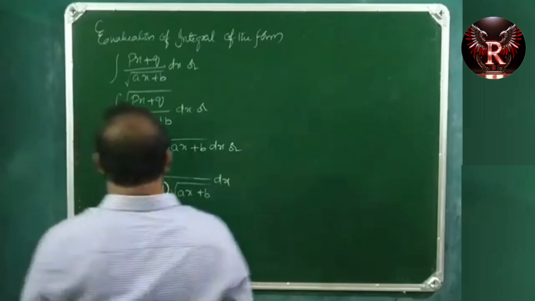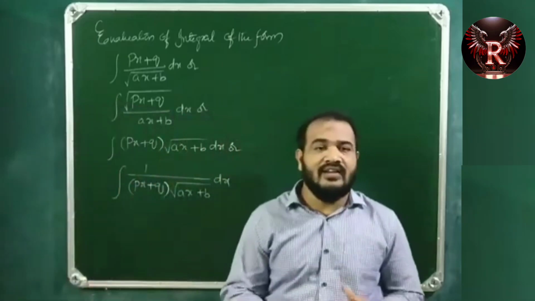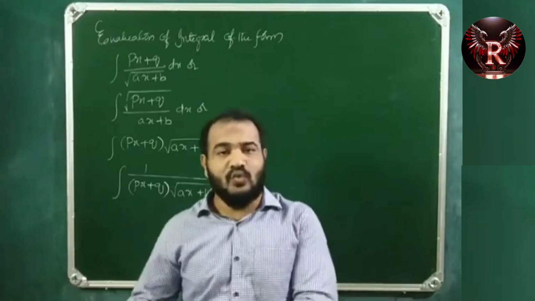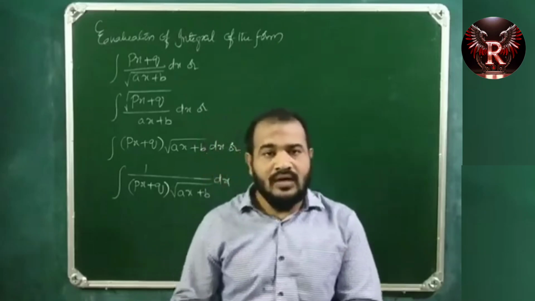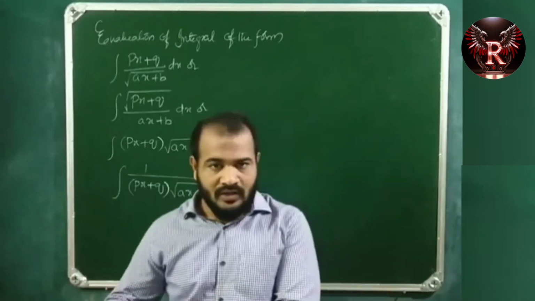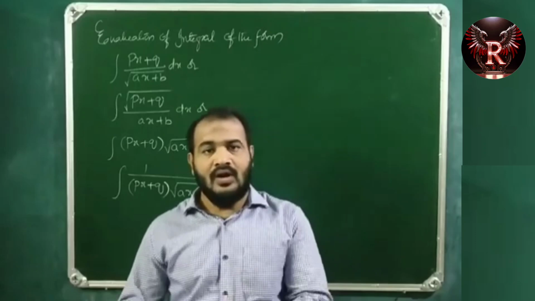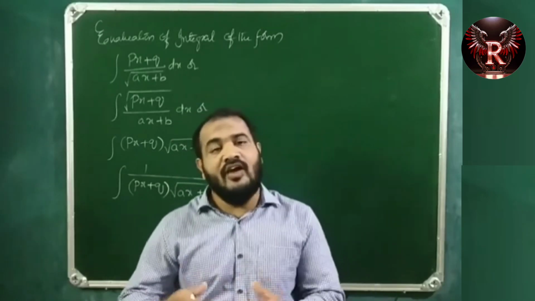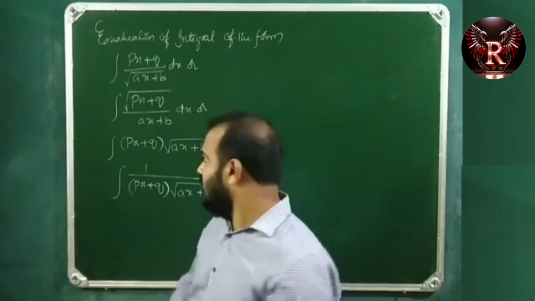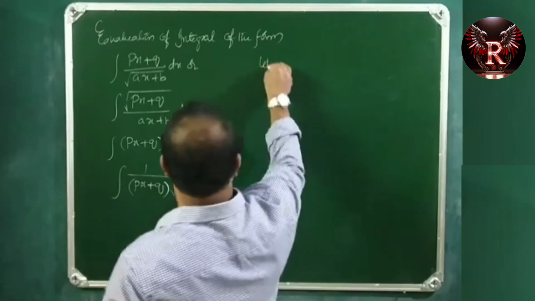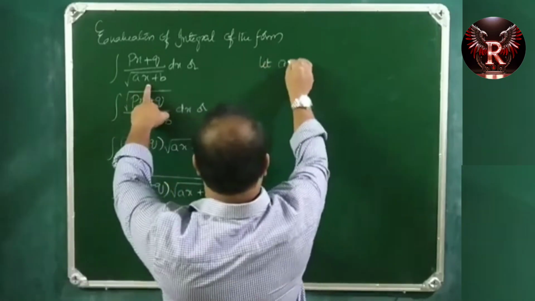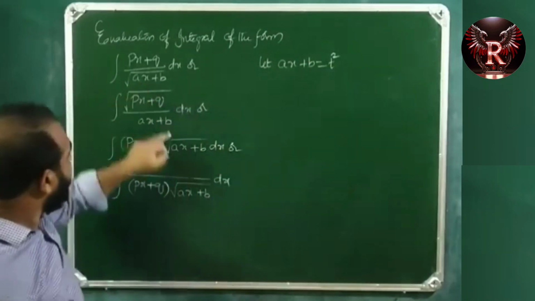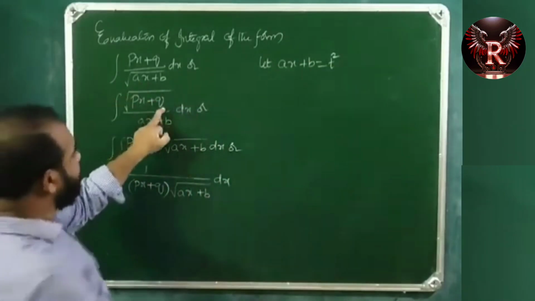Simply, whichever linear factor is under the square root, you have to take it as t square. We have been taking something equal to t so far under the method of substitution. So instead of t, we have to take t square. That is, let ax plus b is equals to t square.